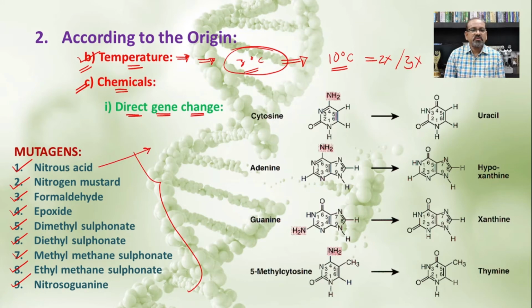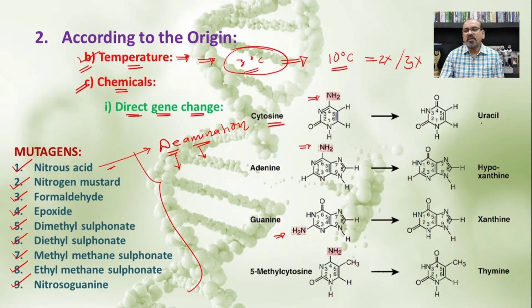If you see the activity of nitrous acid, it is basically responsible for deamination. In the word deamination, the D means removal of the amino group. Cytosine, adenine and guanine each have an amino group on them. But by the action of nitrous acid, cytosine after deamination is converted into uracil.